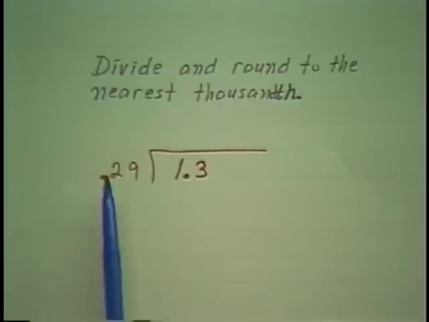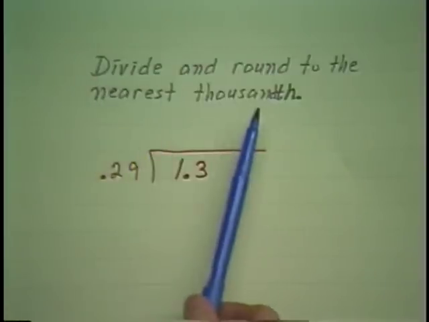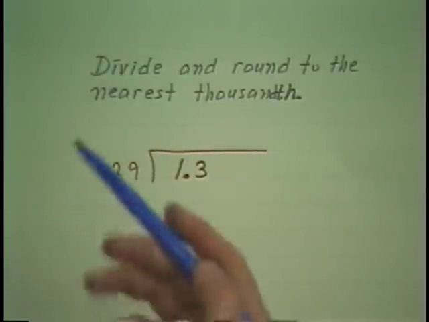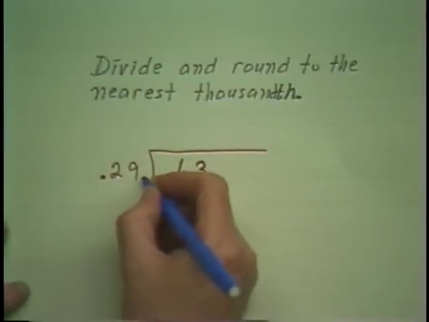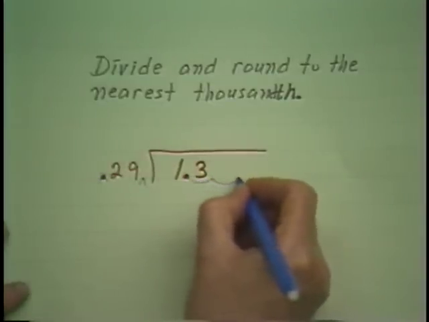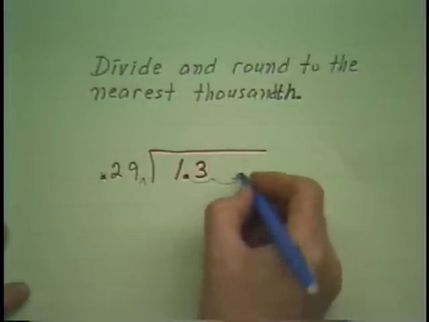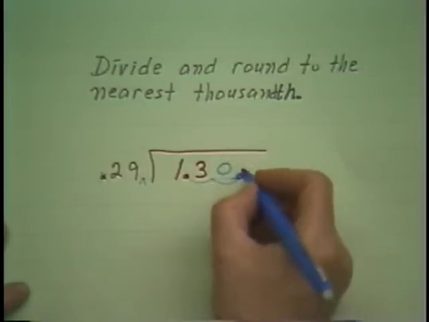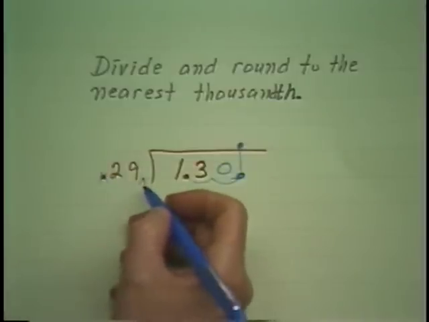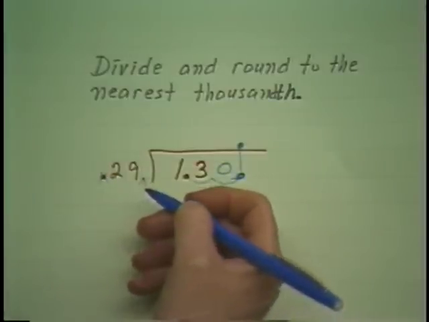Let's do another. In this case, they want us to stop and round our answer to the nearest thousandth. Let's see why. First, moving the decimal point to the right end, and in this one, the same number of places. Then the decimal point goes straight up. Then begin to divide by 29.